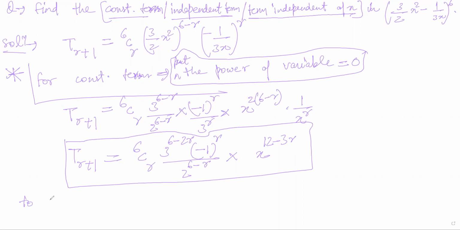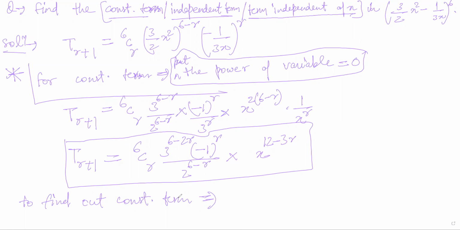To find the constant term, what do we mean by constant term? That the term should not contain any variable. The variable is x. How will that x not be present? If the power of x is 0, it means the variable is not there, right? Because anything to the power 0 is 1.